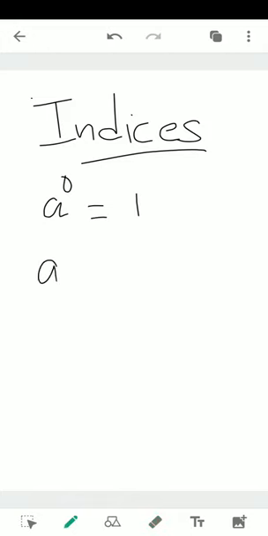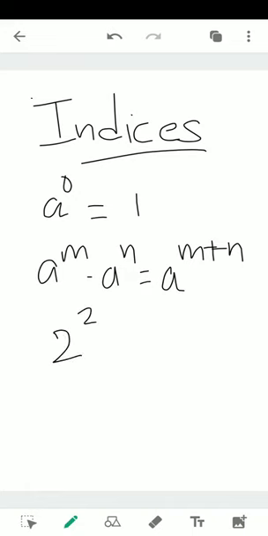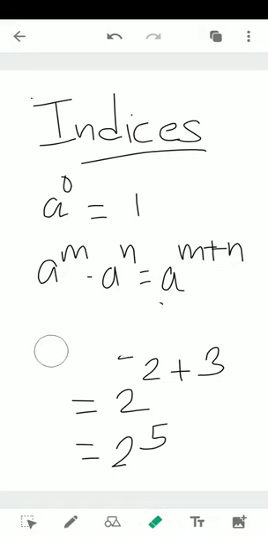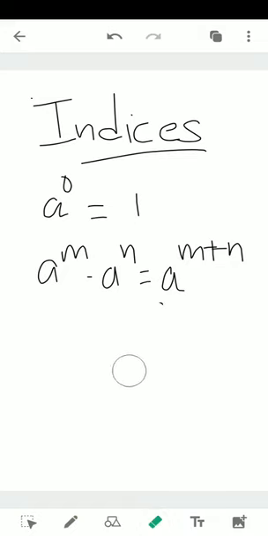Also one rule I have is a to the power m into a to the power n equals a to the power m plus n. Something like if I have 2 square into 2 cube, I can write this as 2 to the power 2 plus 3, that is 2 to the power 5. So this is how we can make use of this rule or formula.